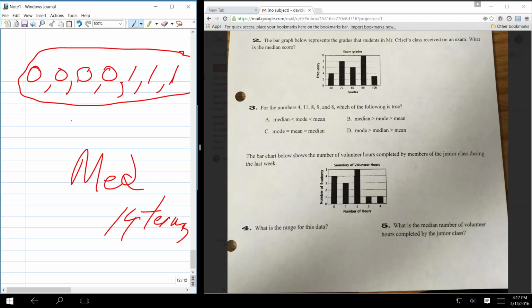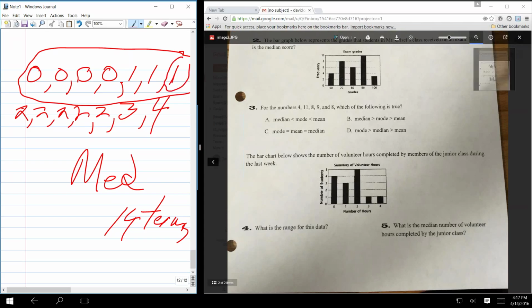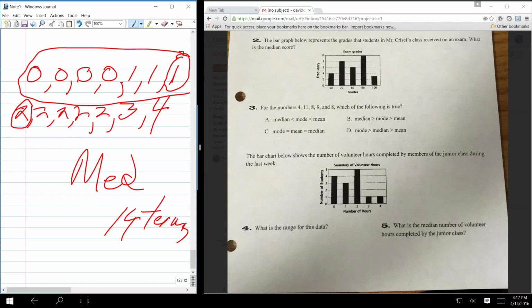Well, let me list the next 7. There's 5 2s. There's only 1 3, and there's only 1 4. So there's the 7th term. There's the 8th term. Okay. What's the median? 1.5. Correct.